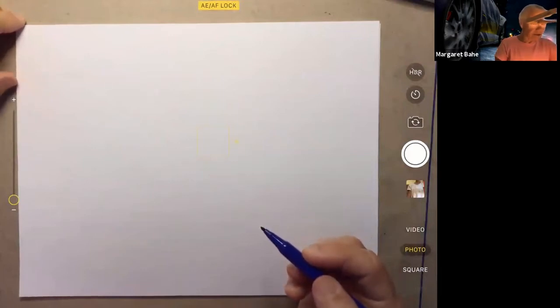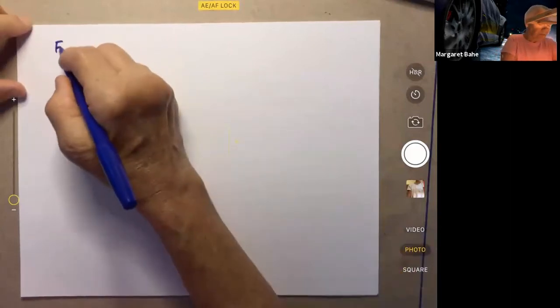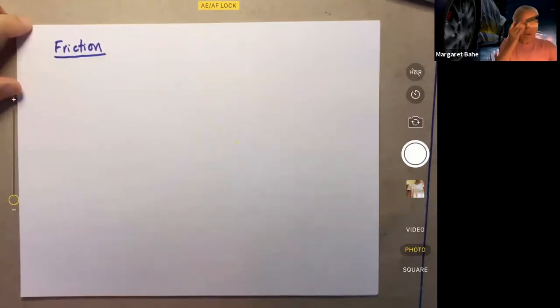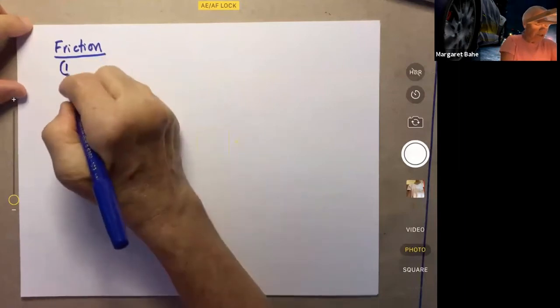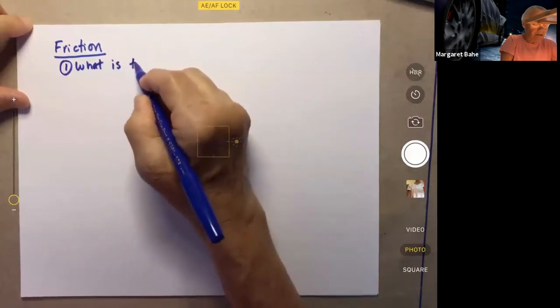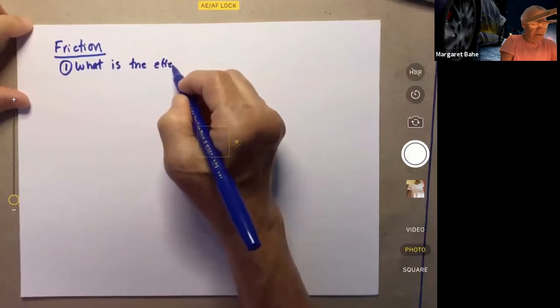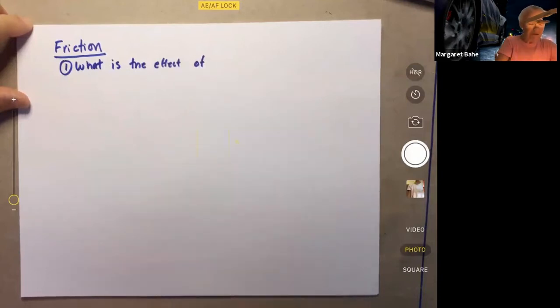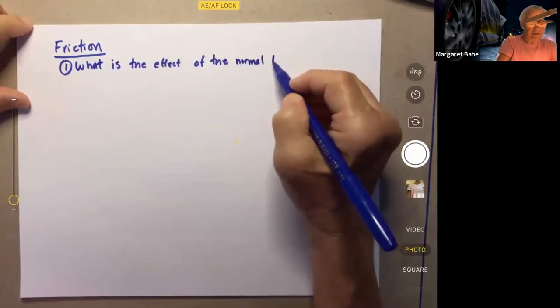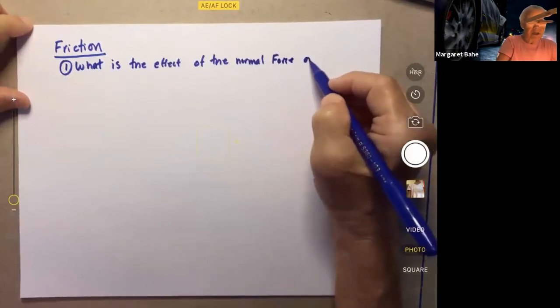In today's lab, we're going to take a look at two questions, and both of these questions are going to revolve around friction. They're going to revolve around the force of friction. The first question is, what is the effect of the normal force on the force of friction?